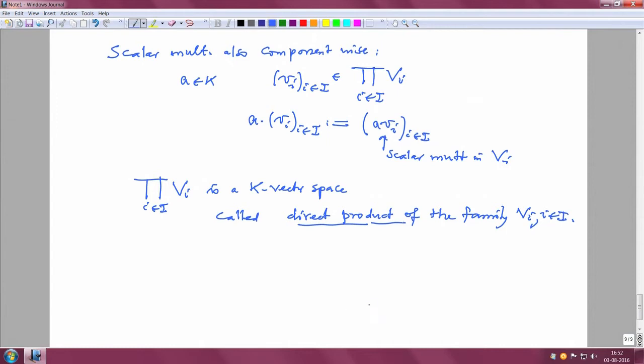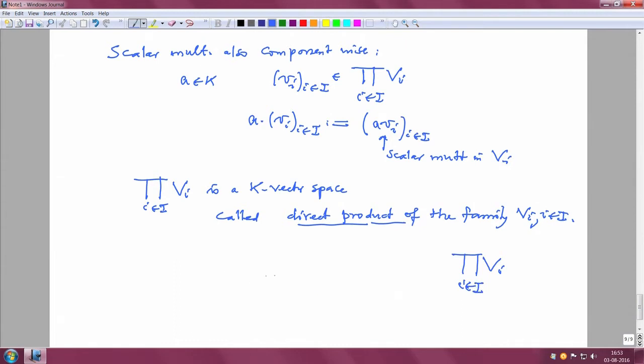Now I want to construct a new vector space from this direct product. So we have this Cartesian product. I don't take all I-tuples.